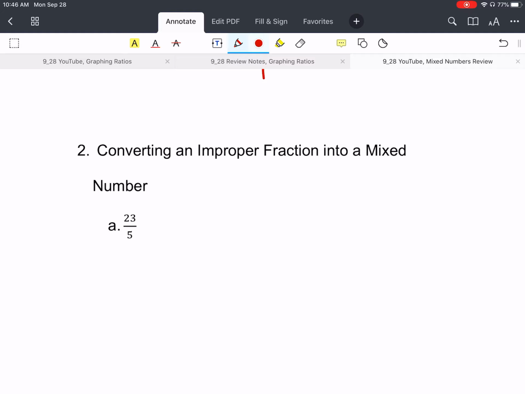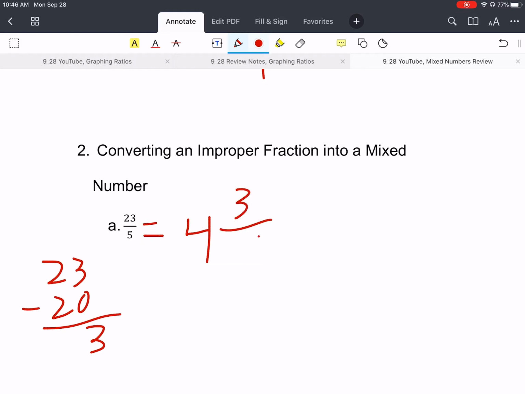And we can figure out that 5 times 4 is 20. So that 4 is going to be our whole number. And because if we have 4 whole 5/5, that will be 20. If we do 23 minus 20, that leaves us with 3/5 left over. So 23/5 is equal to 4 3/5.